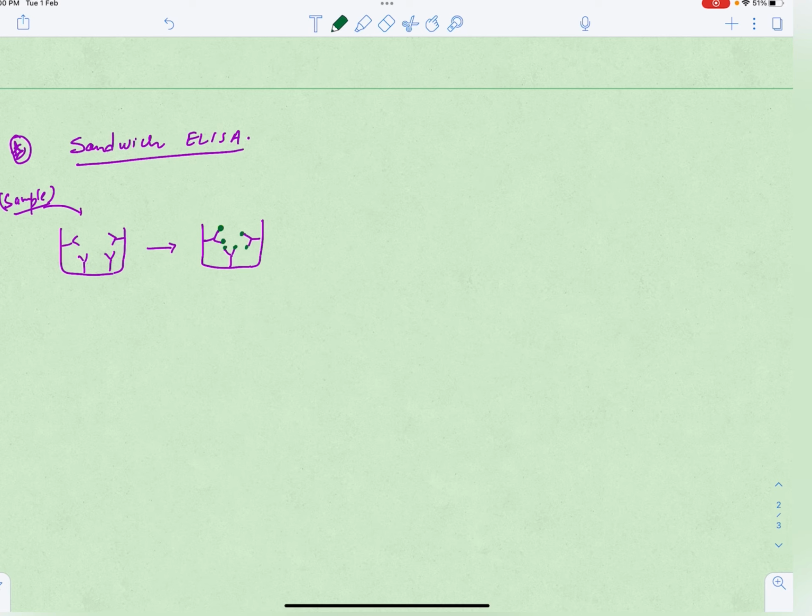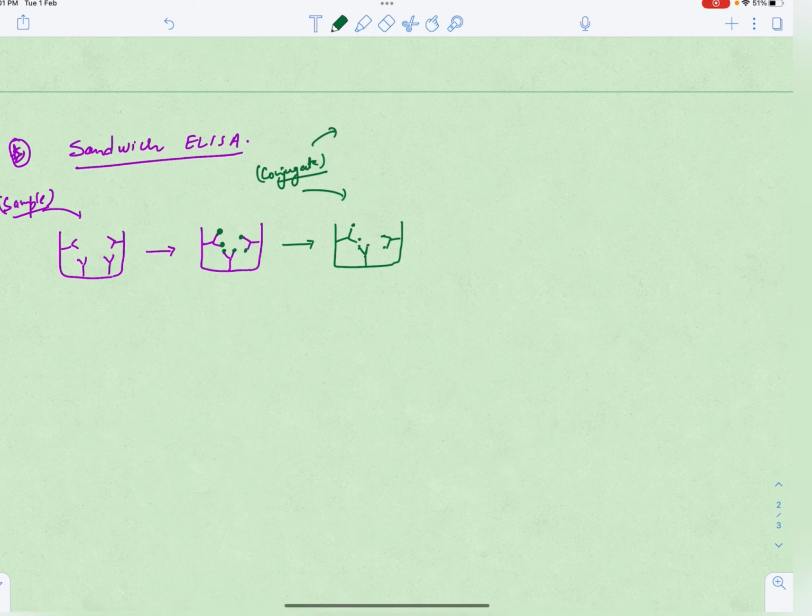After that, what you have to do? You have to add the conjugate, which we have already discussed in indirect ELISA also. So it would look like this. You would add a conjugate, better known as enzyme linked antibody or enzyme linked secondary antibody.